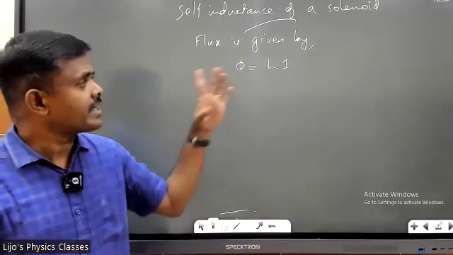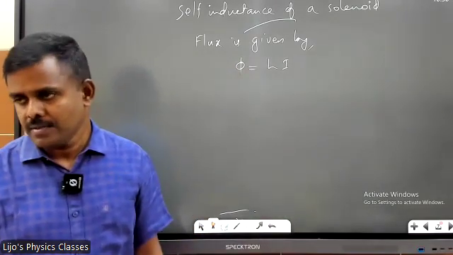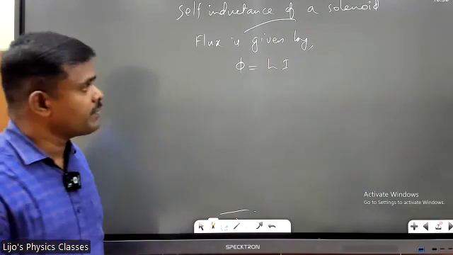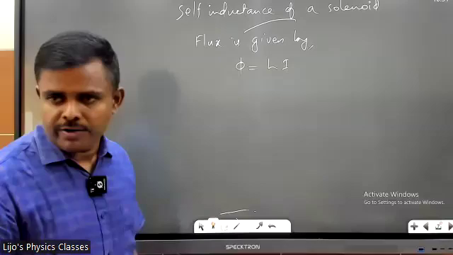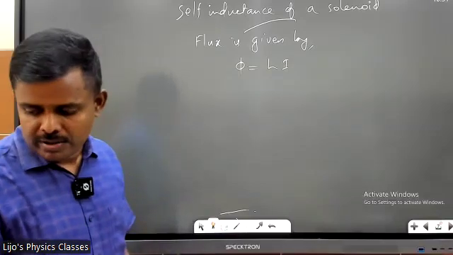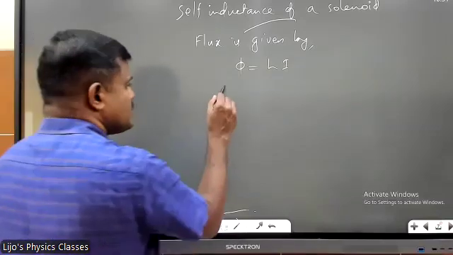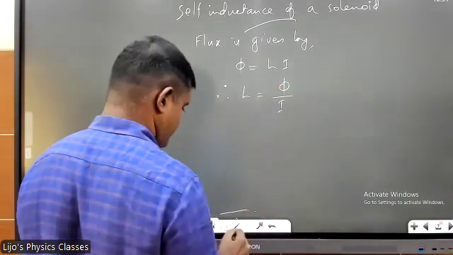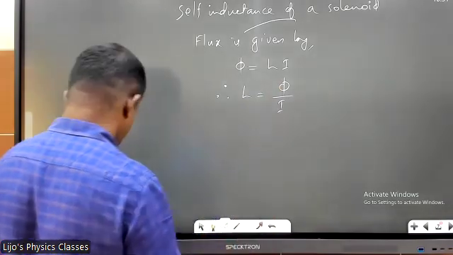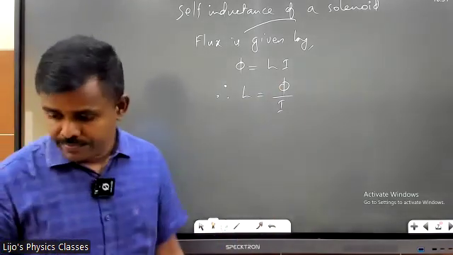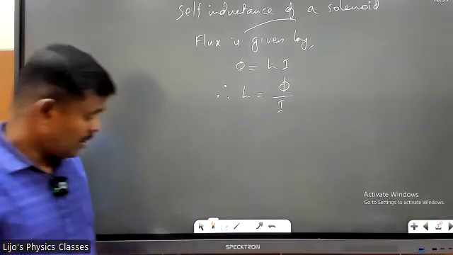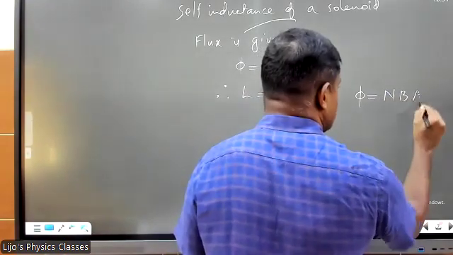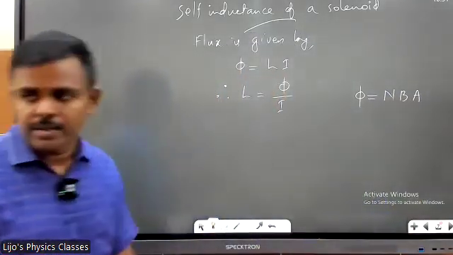Next line. Flux is given by phi is equal to L times I, right? Therefore, L is phi over I. On the margin, you write phi is equal to NBA.